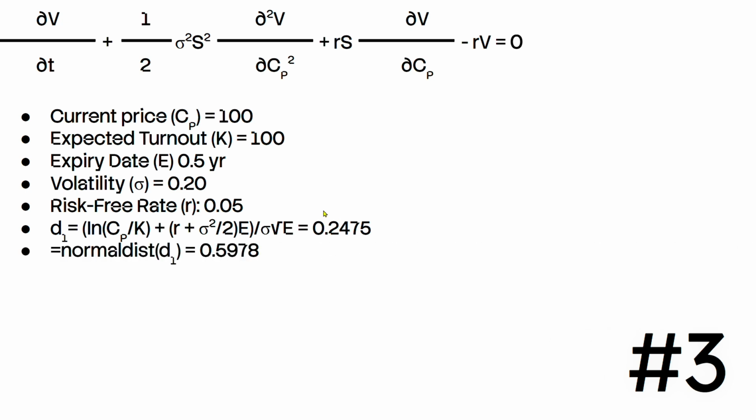Then we calculate the normal distribution, a type of probability distribution. We get 0.5978 after performing this operation. So that means every $1, the stock is expected to increase 0.5978.